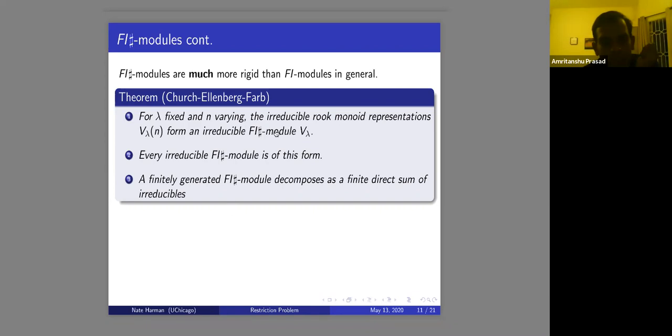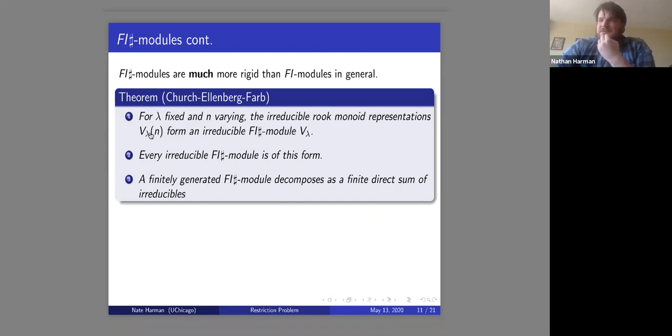Are the simple FI sharp modules the same as the simple FI modules? No. The simple FI sharp modules are these induced things. FI modules are a little weird. A simple FI module is actually just supported in one degree, so it's just a representation of a single symmetric group.